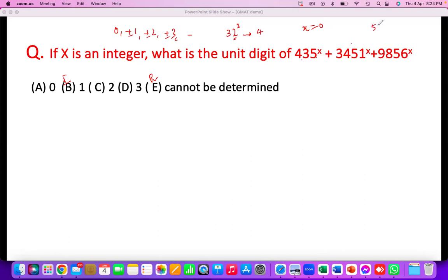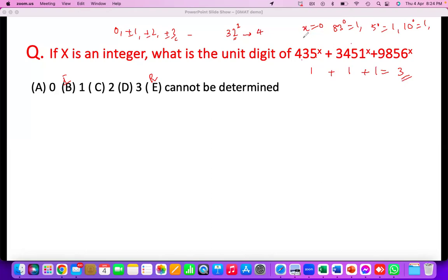For example, 5 raised to 0 is 1, 10 raised to 0 is 1, 83 raised to 0 is also 1. So here you get 1, here also 1, here also 1. So what is the unit digit? 3. So your answer is 3 here.